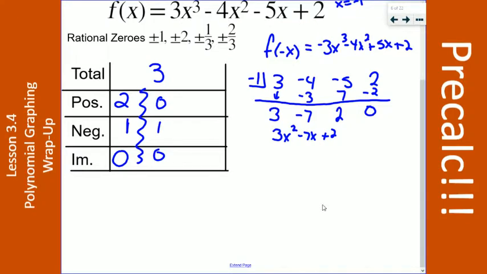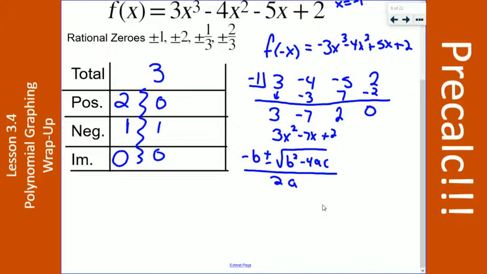In order to do that, we have to do either factoring, completing the square, or the quadratic formula. All right. This thing actually factors, but you might not necessarily recognize that. So let's go ahead and use the quadratic formula, which is going to be negative b plus or minus the square root of b squared minus 4ac all over 2a.